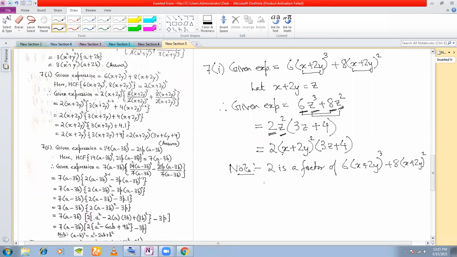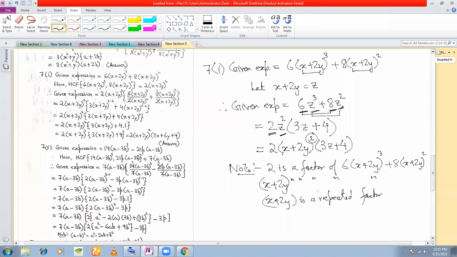What is the other factor? X plus 2y. Although this is power 2, we don't say x plus 2y whole square is a factor. We say x plus 2y is a factor of this expression. In fact, we say x plus 2y is a repeated factor.